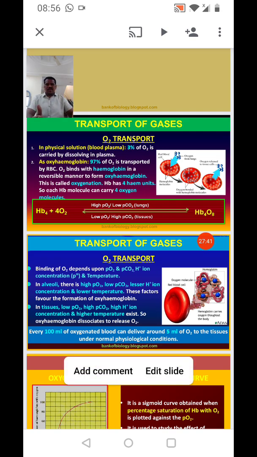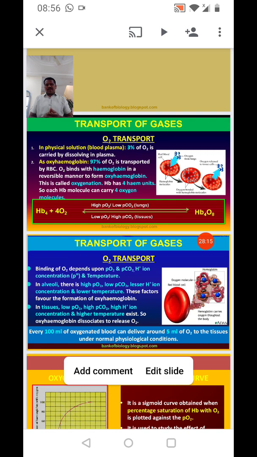What does that mean? At the alveoli, 100 millimeters, 97% saturated. At the tissues, 40 millimeters, 75% saturated. That means 22% of oxygen is unloaded from the blood to the tissues. This means 22% of oxygen dissociated from the oxyhemoglobin and supplies to the cells.